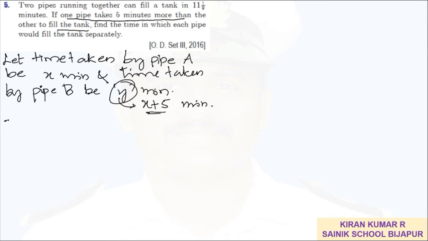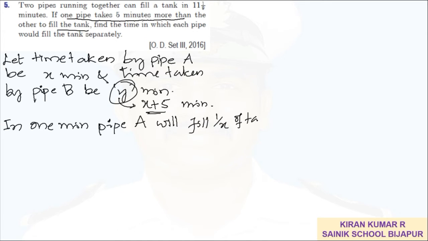So from this I can get, in 1 minute pipe A can fill 1/x of the tank. Same way, in 1 minute pipe B will fill 1/(x + 5) of the tank.